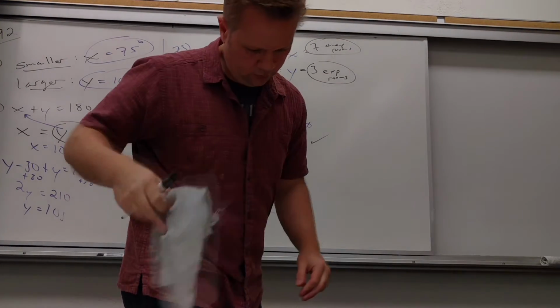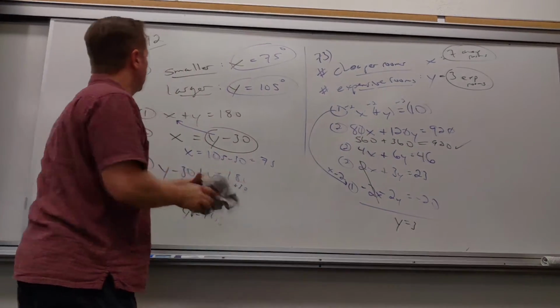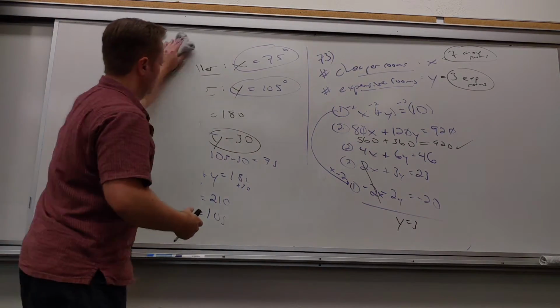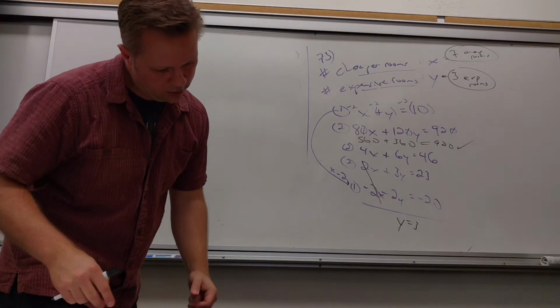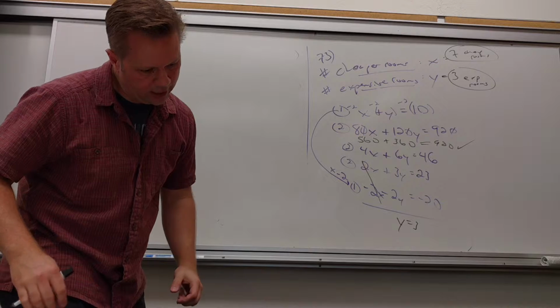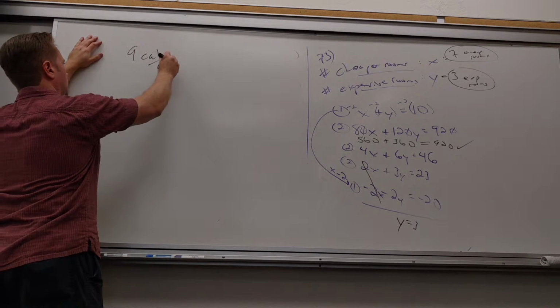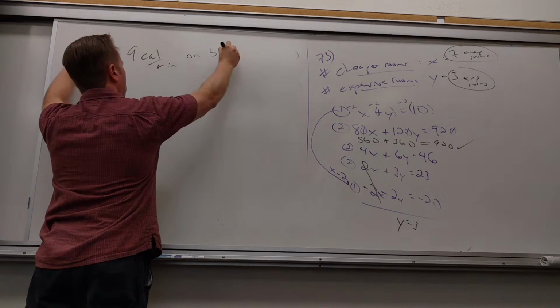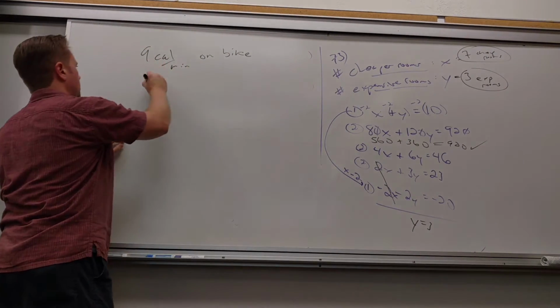Number 75. These are the kind of problems I like to give on a test. An athlete burns 9 calories a minute on a bicycle and 11 calories per minute on stairs.